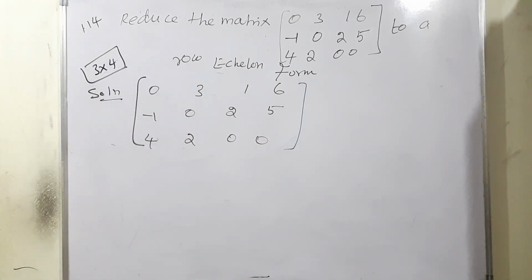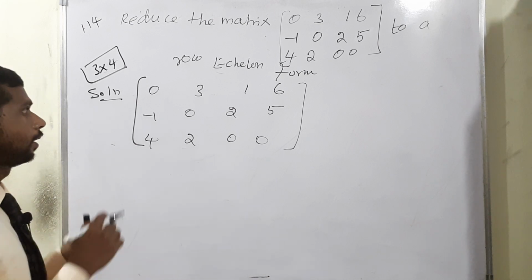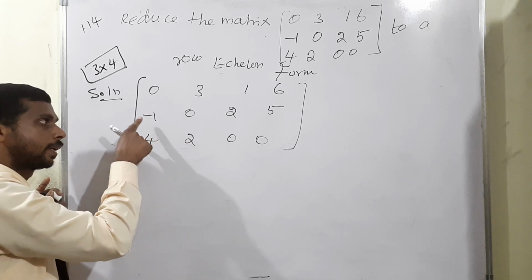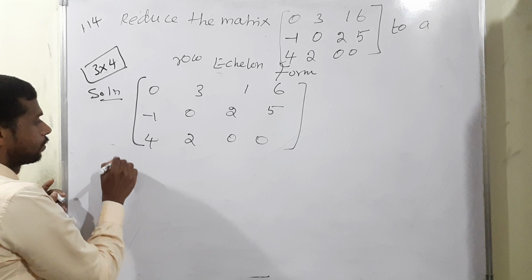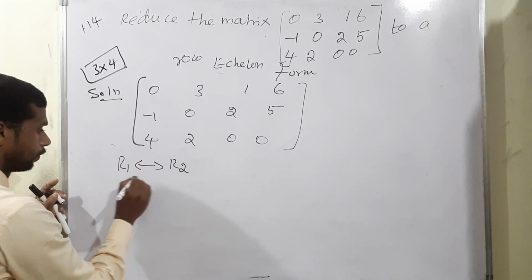So listen. What is the meaning of row echelon form, where the non-zero digit starts? But here, first term 0 is there, but second one non-zero term is there. First we have to interchange. So R1 interchange R2.